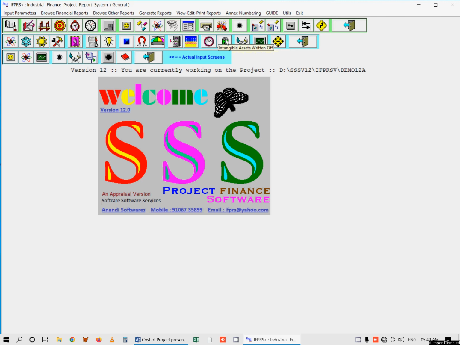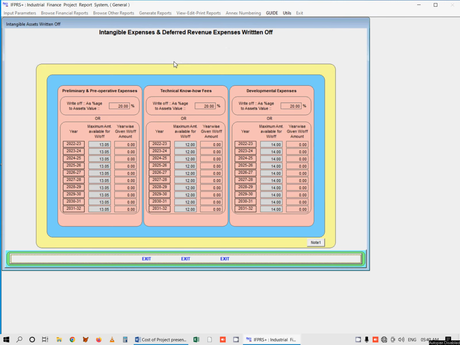Intangible assets write-off. Now, we have a look at all intangible assets like PNP expenses, technical know-how fees, developmental expenses, etc. You may opt to write off in percentage terms to intangible assets value or as a year-specified amount, where simultaneously it indicates the max amount that could be written off.